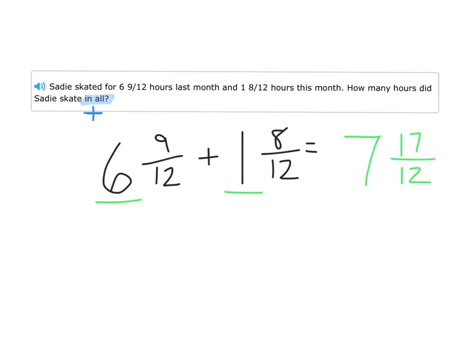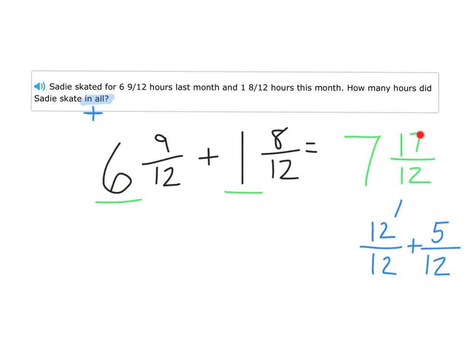So how do you decompose that number? I'm going to pull out one whole, which is 12/12. Remember, the numerator and denominator make that one whole if they're the same. I'm going to keep that denominator the same. That's how I got the 12/12. And then I need to think, what do I need to add to that to create this 17/12? Well, 5 more 12ths.